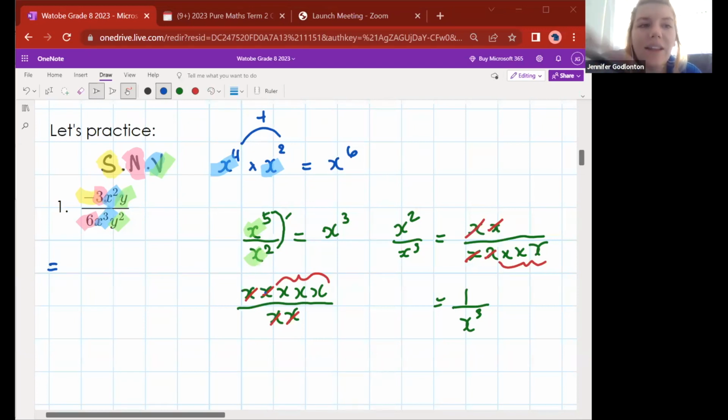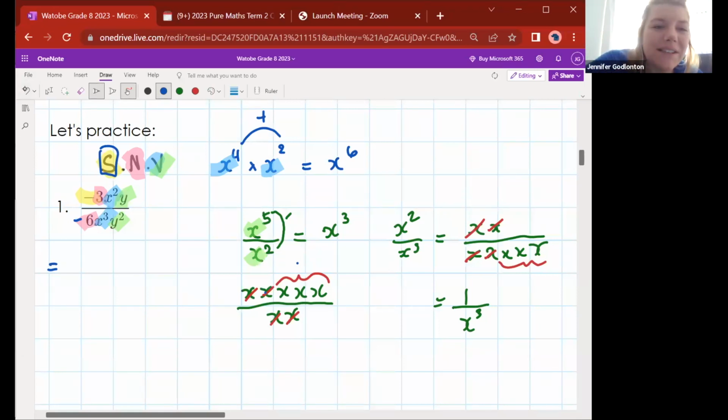Let's talk through it together because you've got some good things happening. So first of all, when we look at our signs, is my answer going to be positive or is my answer going to be negative? Positive because there's 2 numbers. But there's one negative and one positive. Oh, negative plus. Do you remember? Yes.